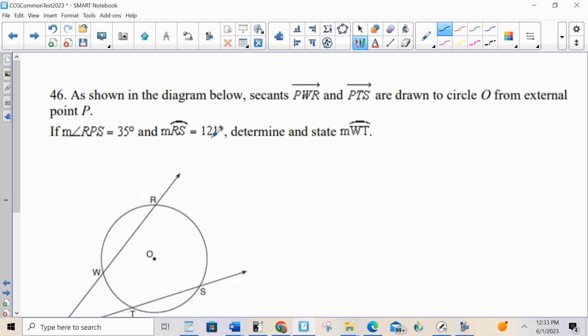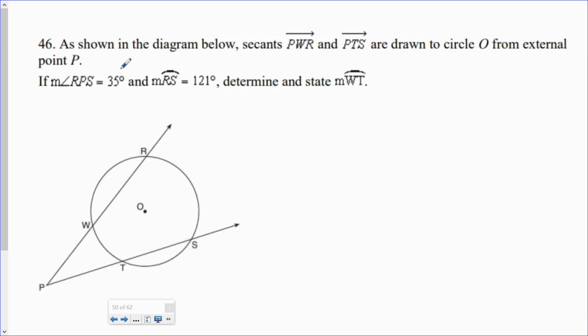All right, so let's put the information into the picture here. Let's see if I can just blow this thing up. I got RPS is 35. I got RS is 121. I got WT is X. So arcs and angles or segments? I see arcs and angles.